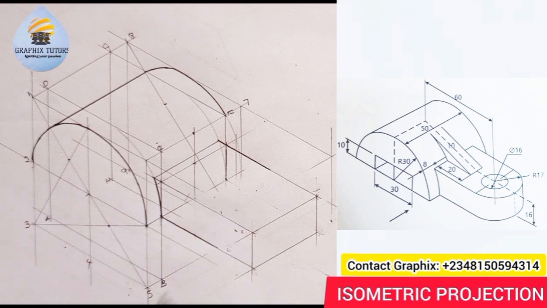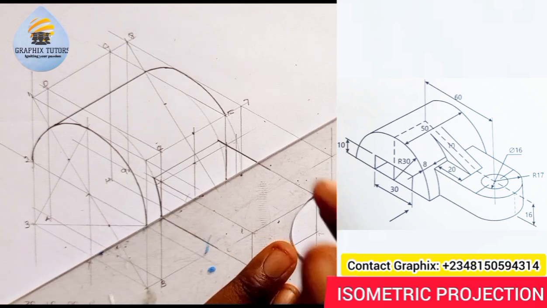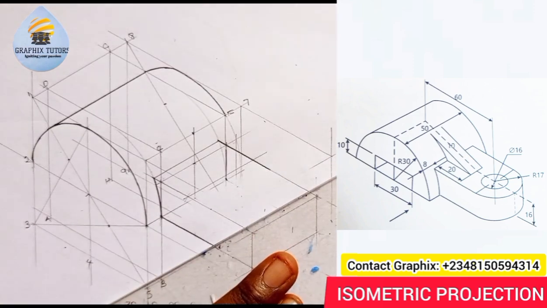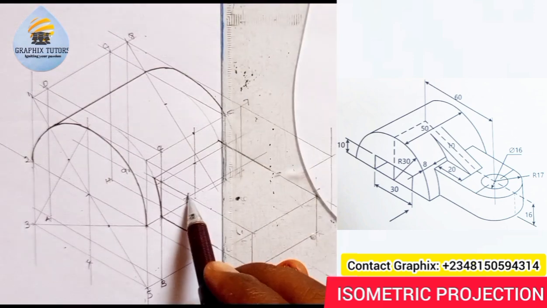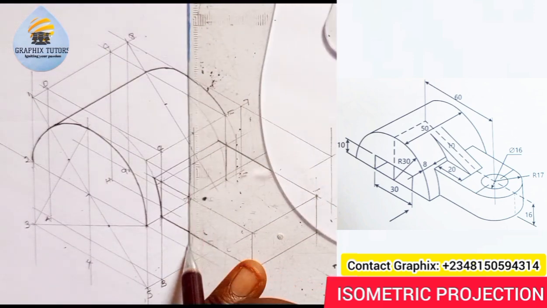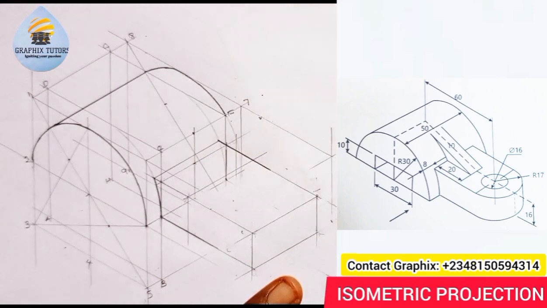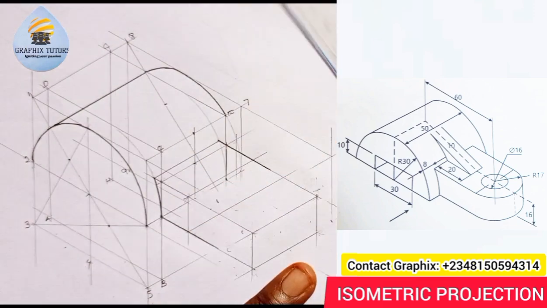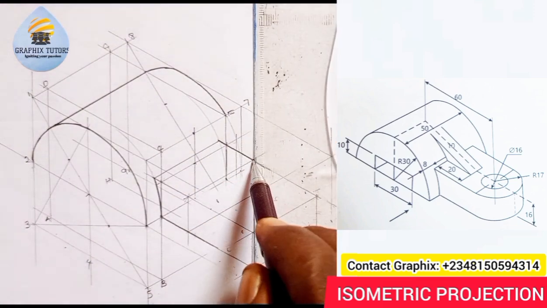I'll do the same thing all around it. And then I will now close this up. Close here. You bring it down. Close it. Come here also. Close it. And close it.